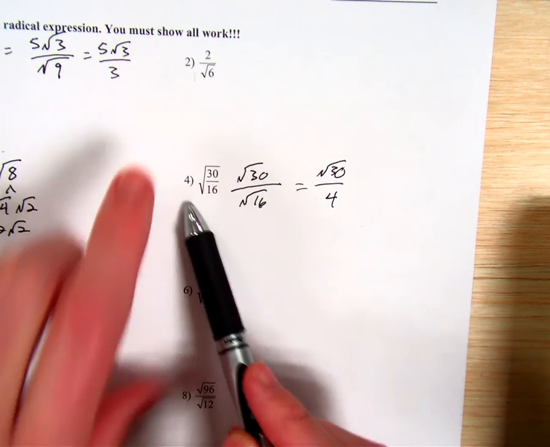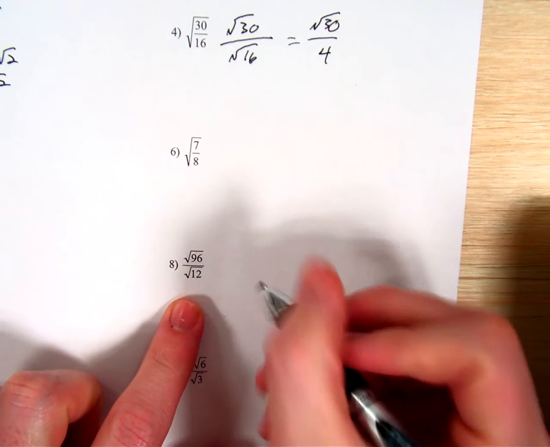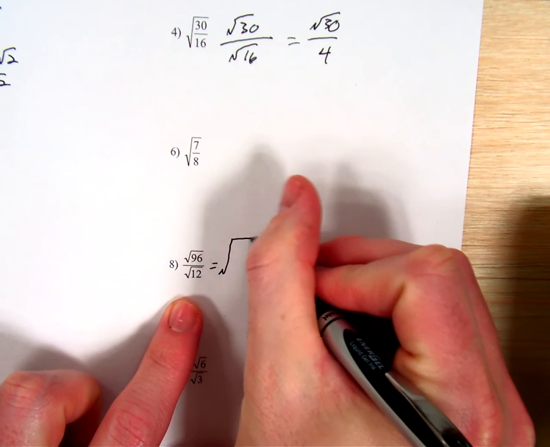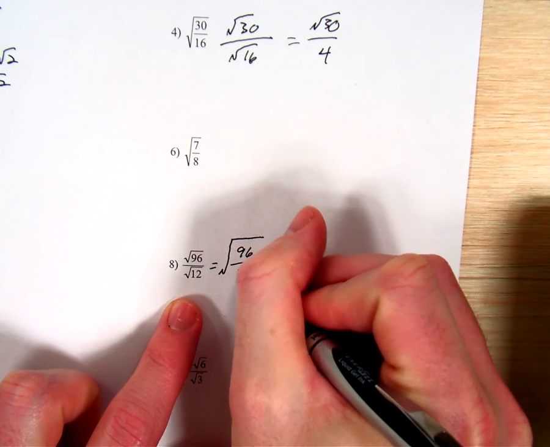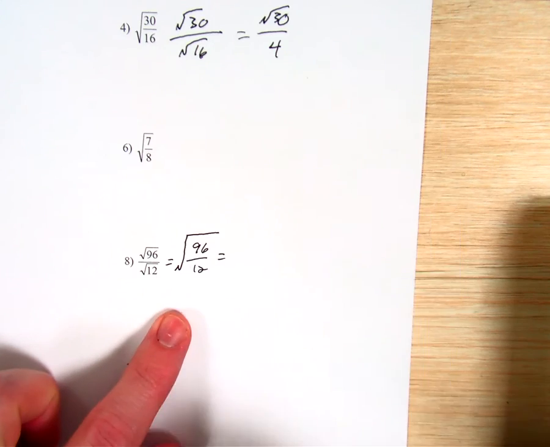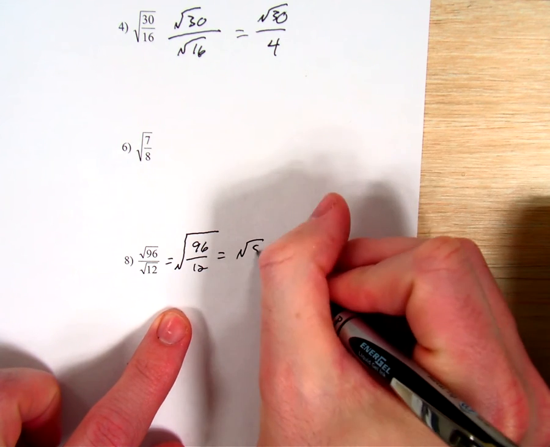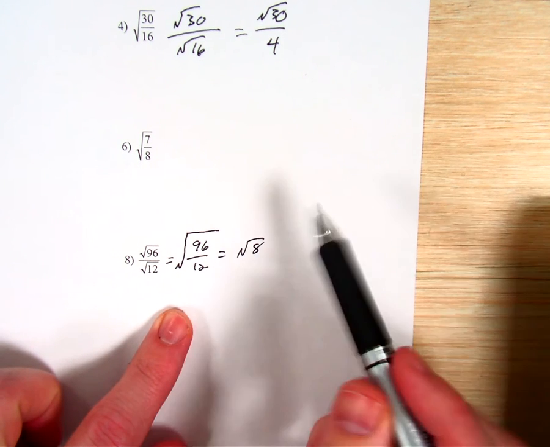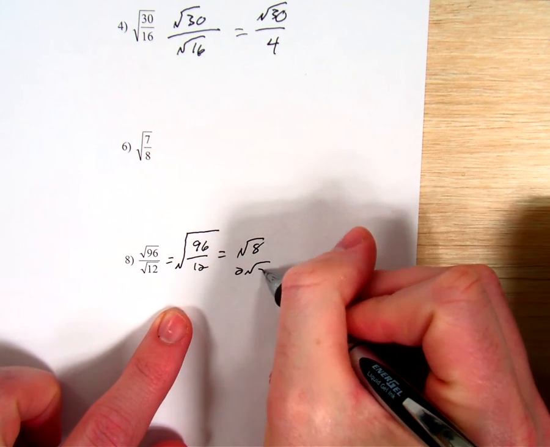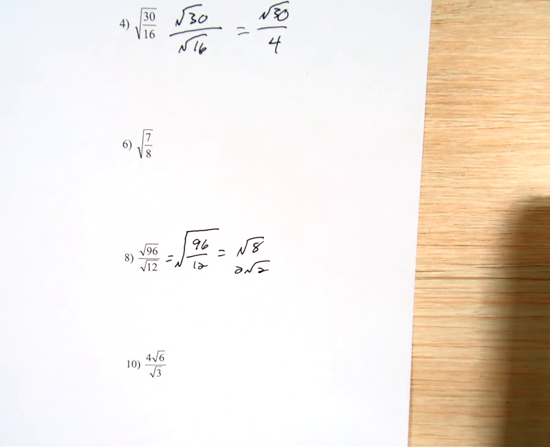You can put these back together under one jumbo one. And now that's 96 over 12. 96 over 12 is 8. And we've already done that one. We know it's 2 radical 2. 8's a pretty common one. Just remember that it's 2 radical 2, that comes up a lot.